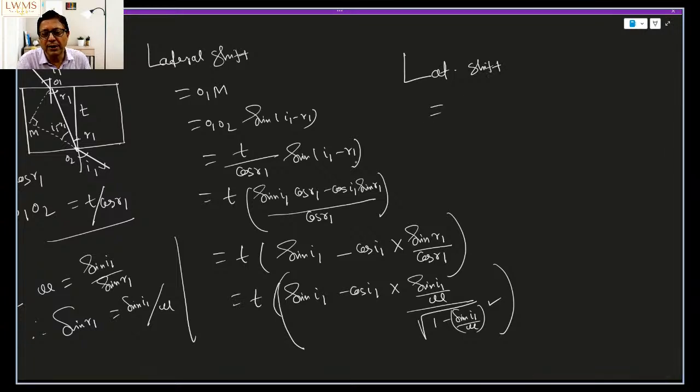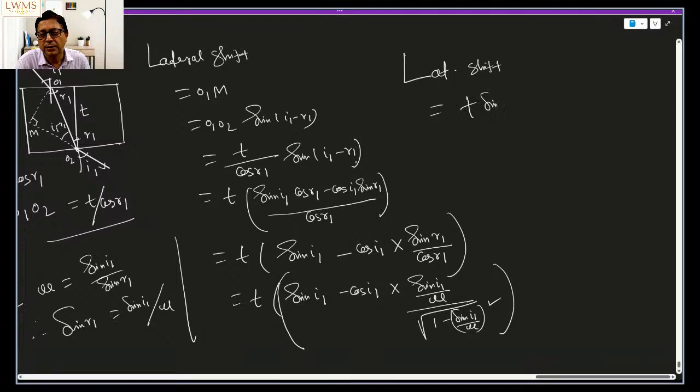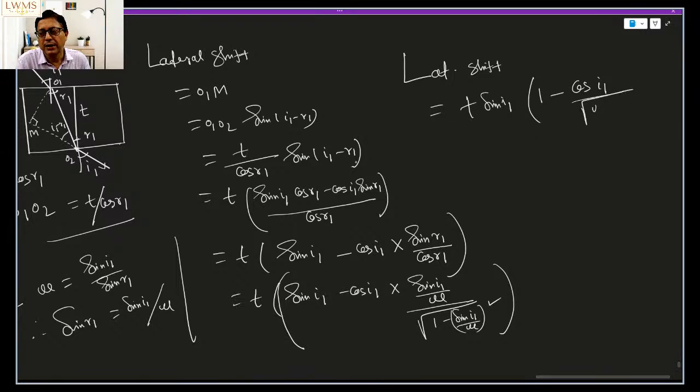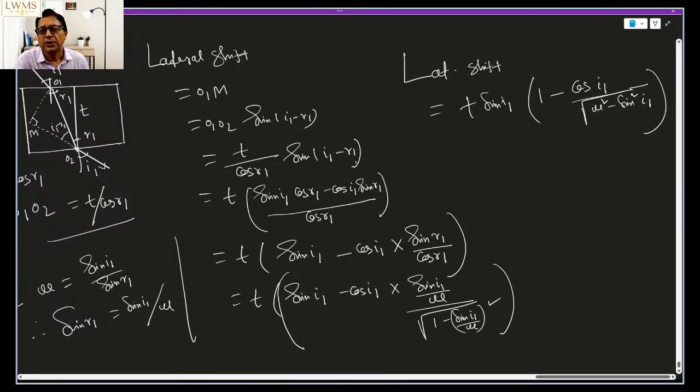You take T sin i1 common, 1 minus cos i1 by mu under root... Is that clear? So this is the value of lateral shift produced by a glass slab.